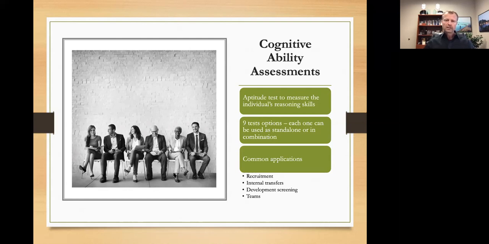But they're typically used in recruiting, when we really need to understand the cognitive abilities of a potential employee, and also with existing employees when we are developing their career paths, thinking about placing them into specific teams, especially project teams, when we want to make sure that we have the mental horsepower in the team that we need in order to have successful outcomes.